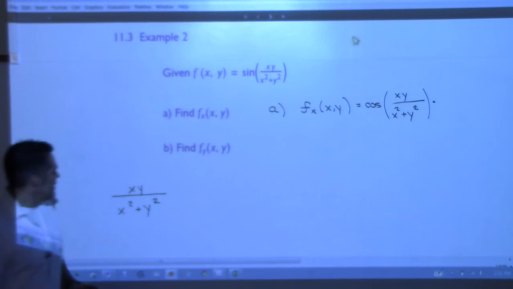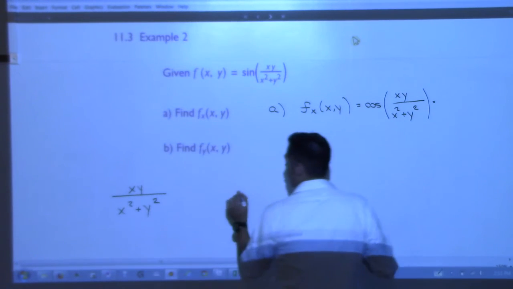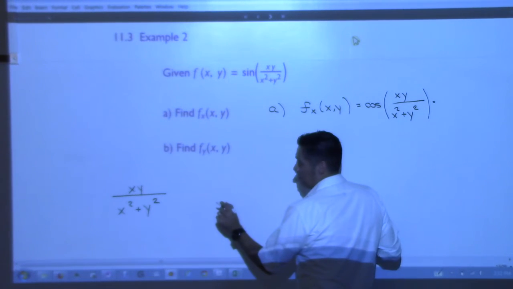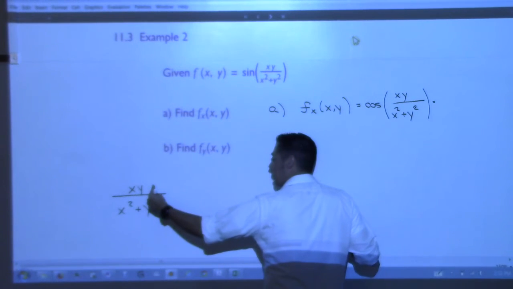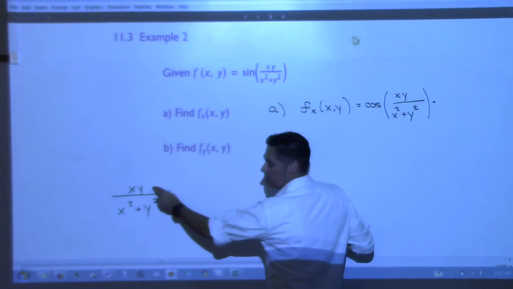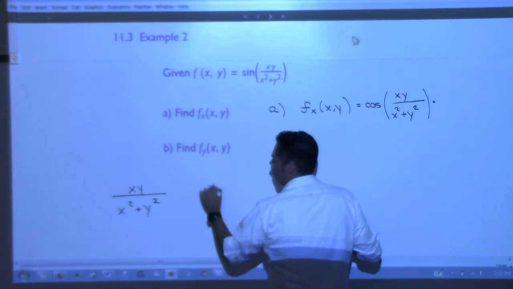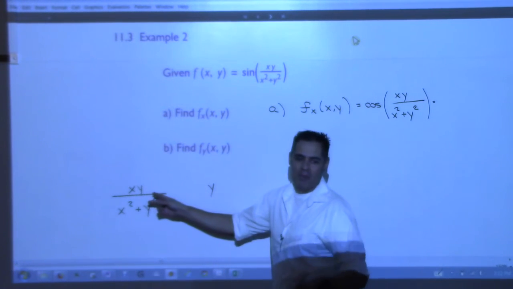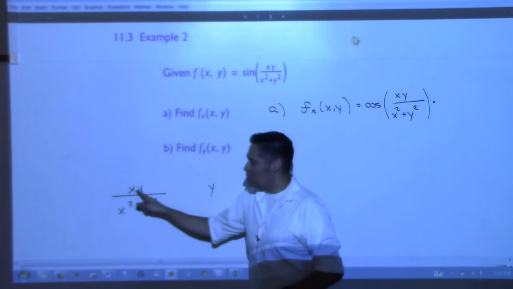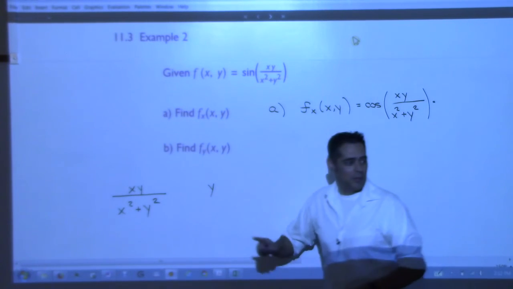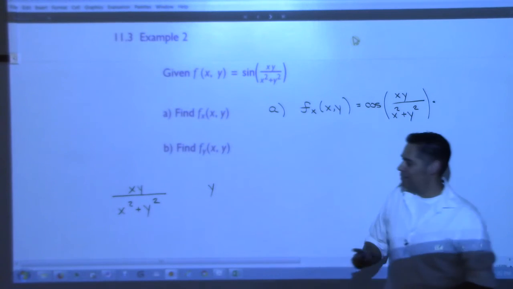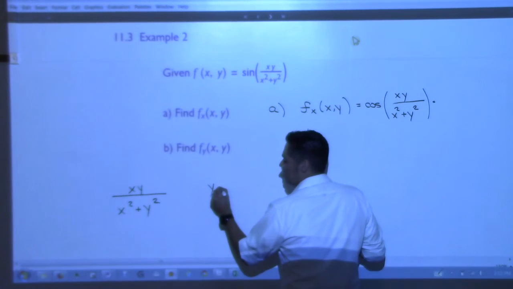All right? So let's do the quotient rule, but let's be careful because y is a constant, right? So what is the derivative of the top? Y. I know, I'm trying to be funny. It's not working. So derivative of the top is y, right? With respect to x. Now times the bottom, right?